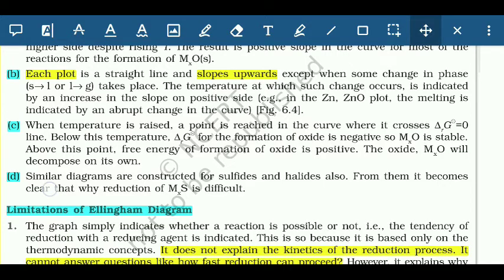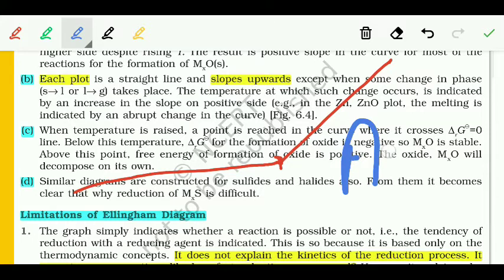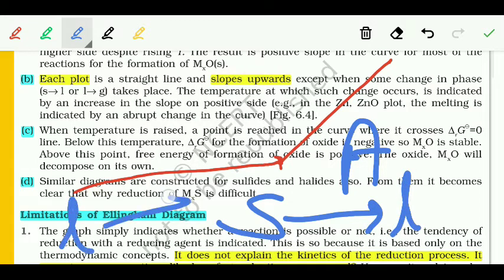Our line was almost a straight line, but suddenly when the physical change occurs, the slope increases dramatically. Let's say this point is A. From point A, our slope suddenly increases due to the physical change, that is solid to liquid, liquid to gas, and so on. As soon as the physical state changes, the slope increases dramatically because entropy, that is randomness, increases.